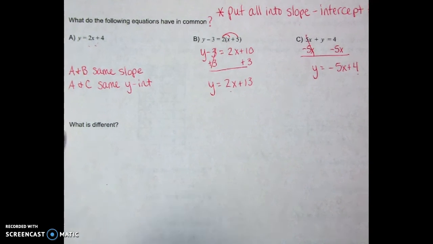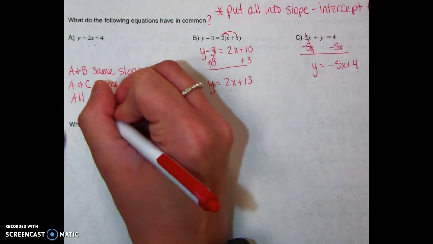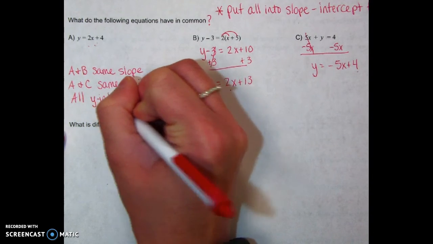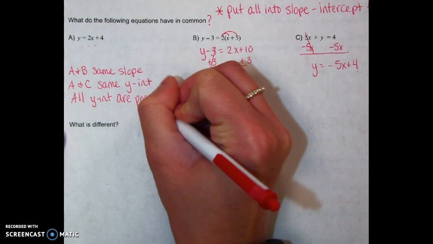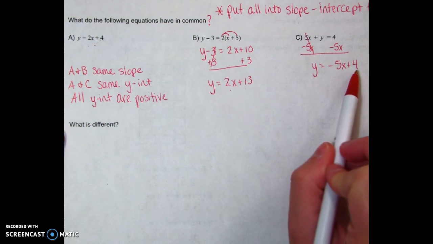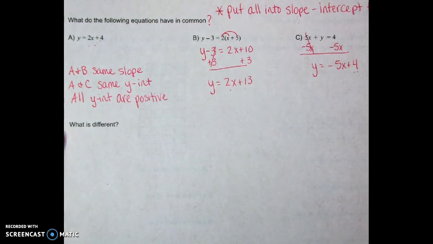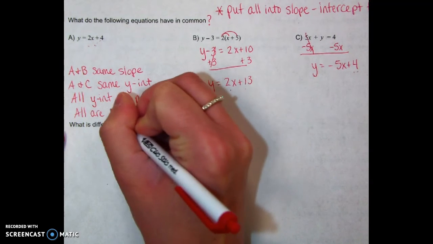All y-intercepts are positive, because I have a plus 4, plus 13, and plus 4, and all are linear.